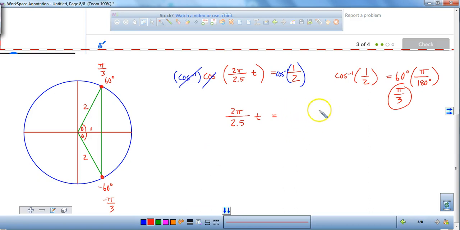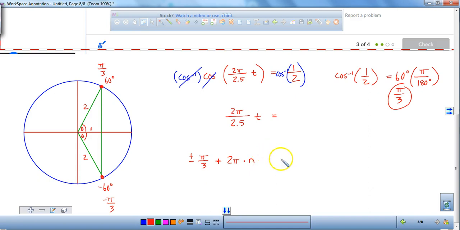So basically, if we wanted to get to this point over and over again, and this point over and over again, all I would do is take plus or minus pi over 3 and add 2 pi times an integer called n. And that would either get me to this point or to this point over and over again.